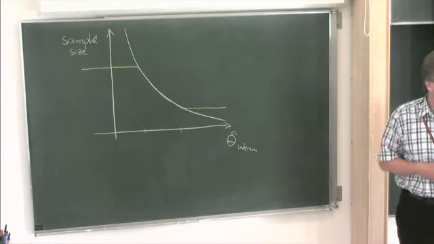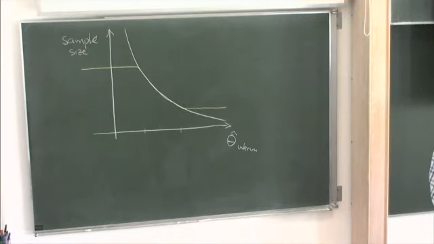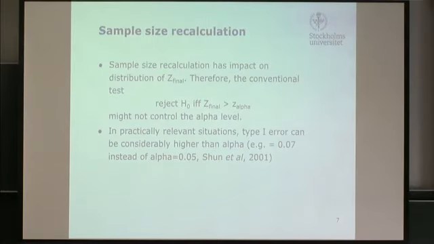So this together gives then that in certain situations, even in practically relevant situations, not only in constructed situations, the type 1 error can be considerably higher than alpha. So here one example, 7% instead of 5%, but you can construct much worse situations. This was a reference for a practically relevant situation.